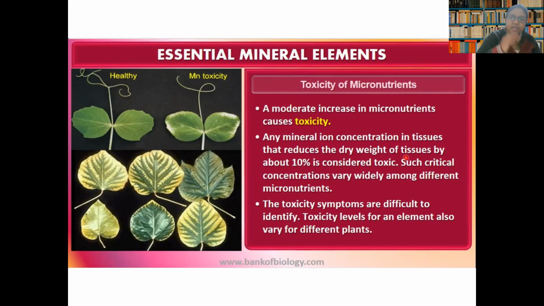For example, I have a fresh plant of 10 grams. Or dry weight of a plant is 10 grams. So if the presence of an element in an amount more than required is reducing the weight of that plant to 9 grams. So 10 से 9 होना मतलब 10% reduction. Then we can say, okay, this element is toxic to the plants.